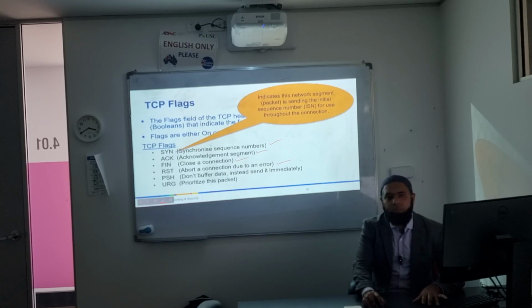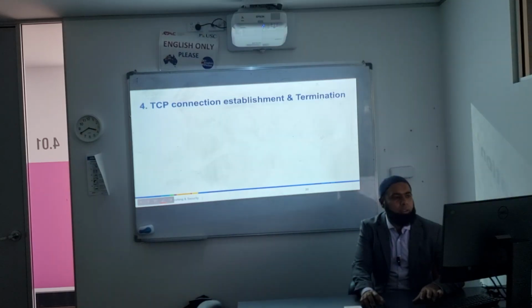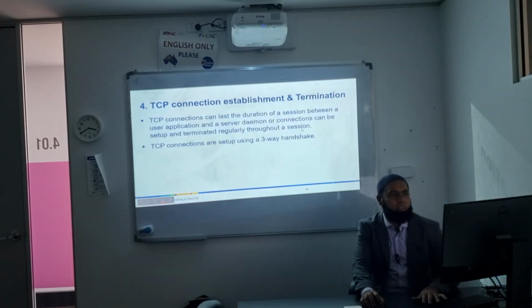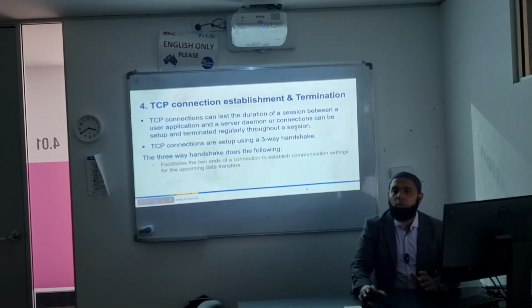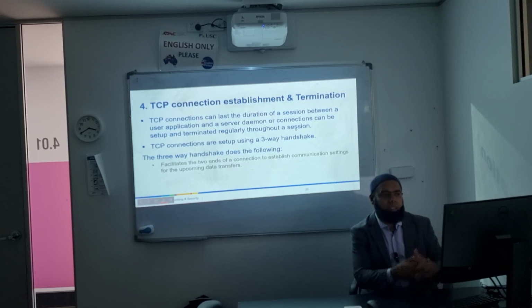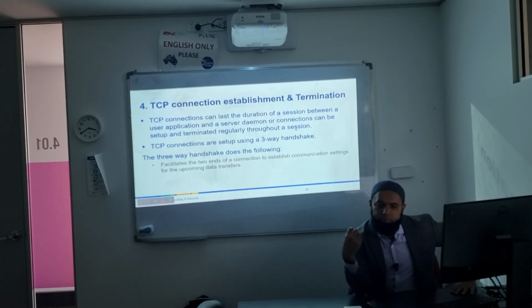We'll see some of these things in our examples and also in the lab. SYN actually indicates that it is sending the initial sequence number, which is the ISN, for use throughout the connection. We'll see examples and you will understand that. Also remember this whole communication happens once the three-way handshake is done.